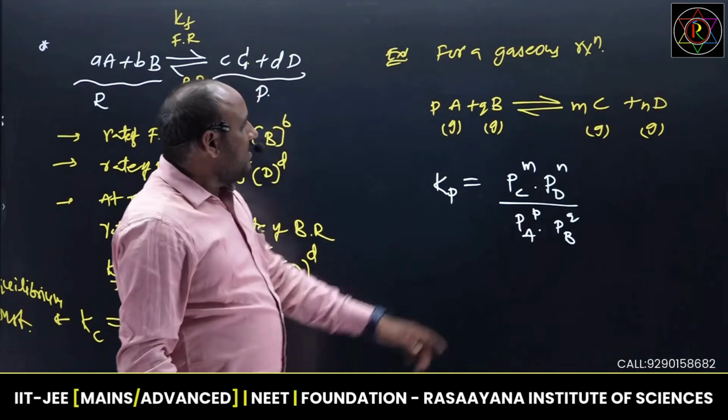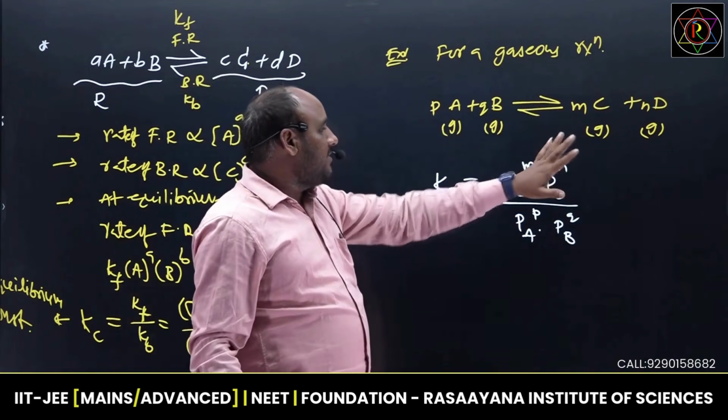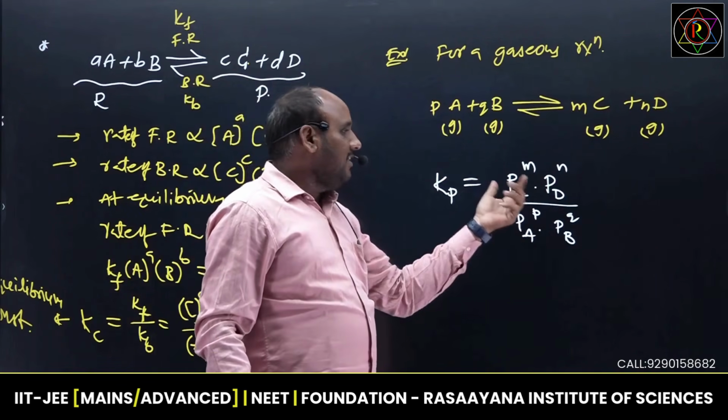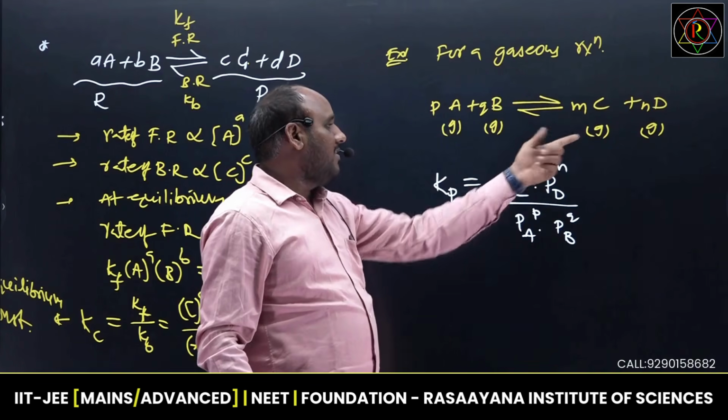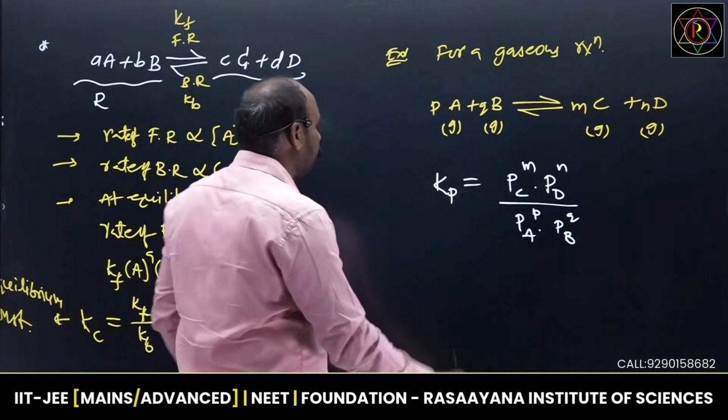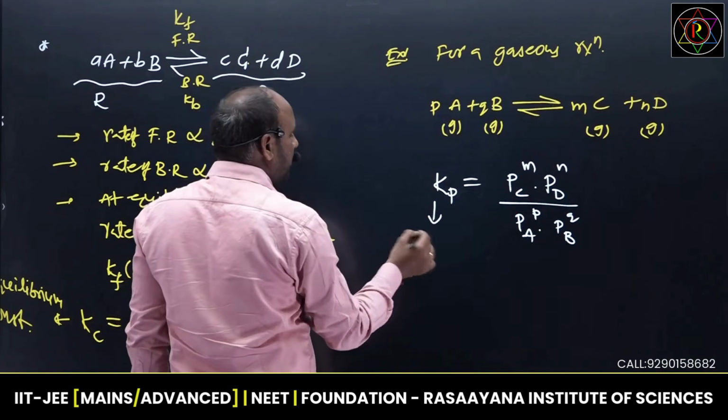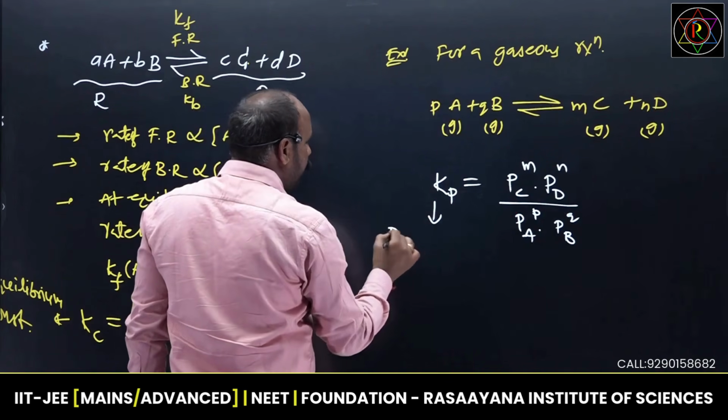So those concentrations will be expressed in terms of pressures. When the reaction is gaseous, we have to consider the pressures. Therefore at that time we consider the equilibrium constant in terms of partial pressures.